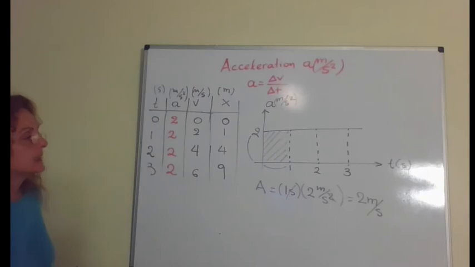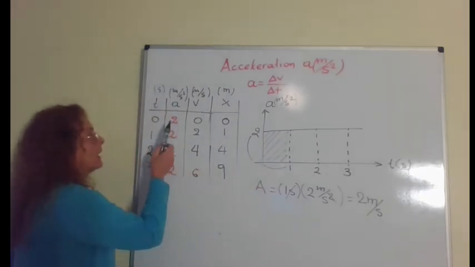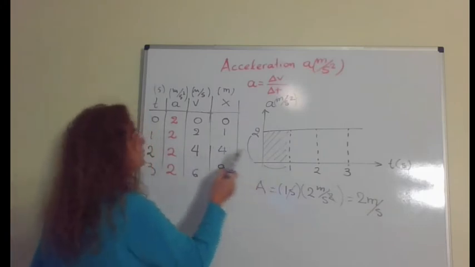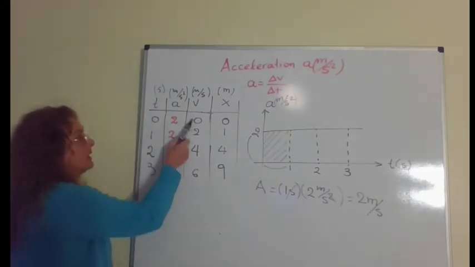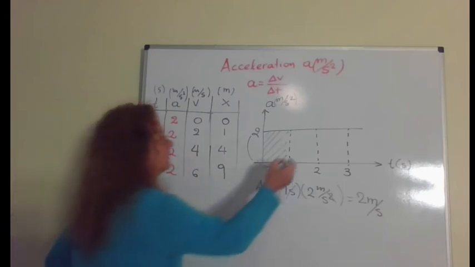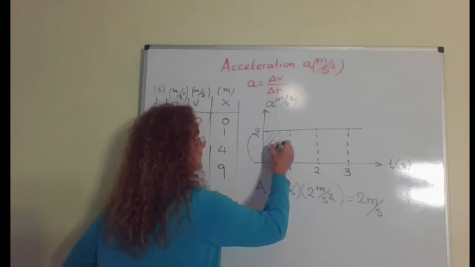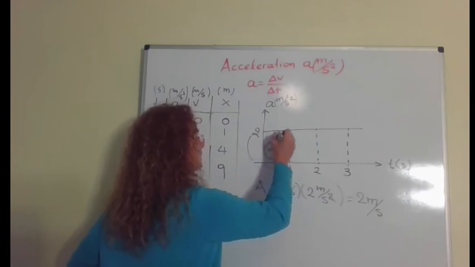What you will see is that what we found is the change in velocity at the first second. So my velocity changed by 2. You can see that, so this is the change in velocity.